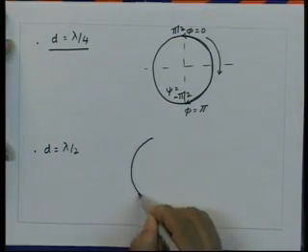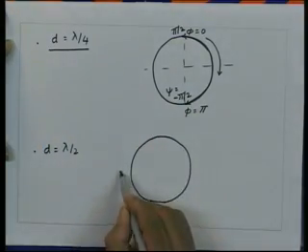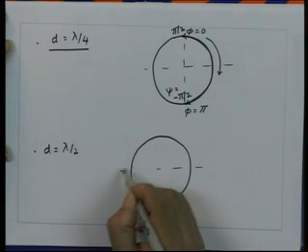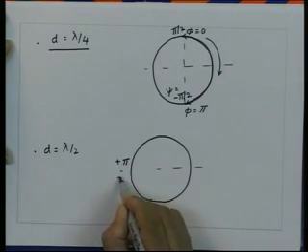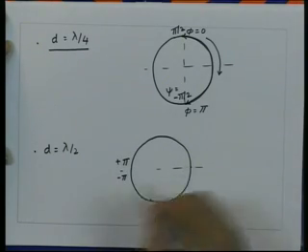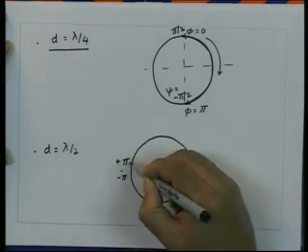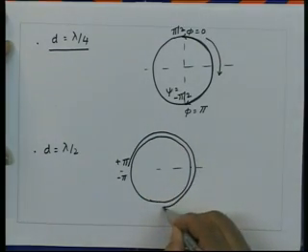As we saw, if we take d equal to lambda by 2, then the range of psi is from plus pi to minus pi. So, this is plus pi, this is minus pi, this is 0. So, the psi essentially is going to go from plus pi all the way to minus pi.